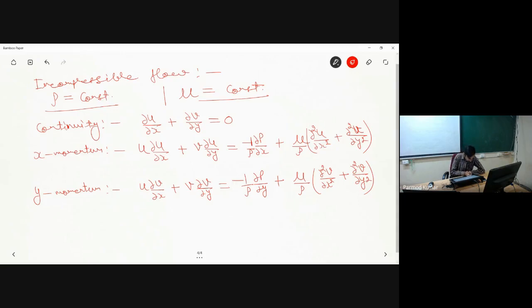One approach is we can devise some way to completely eliminate the pressure term. And second, we have to find the relation between pressure and velocity.